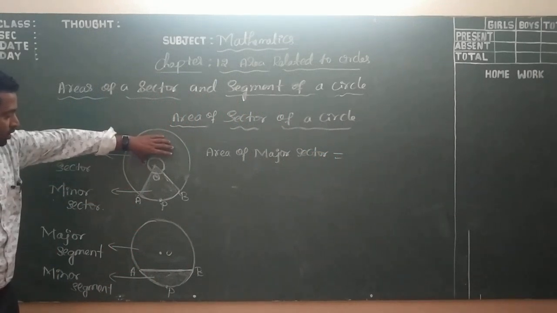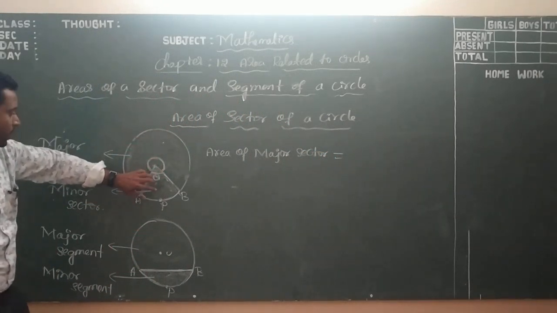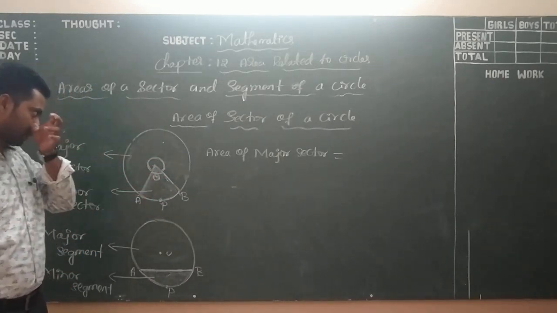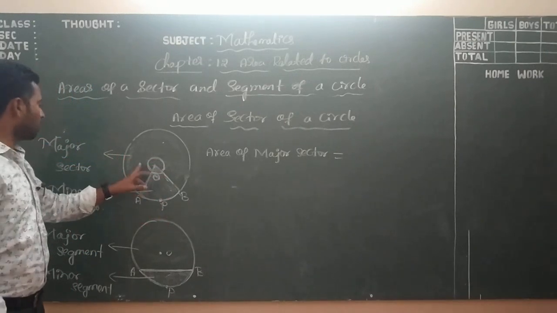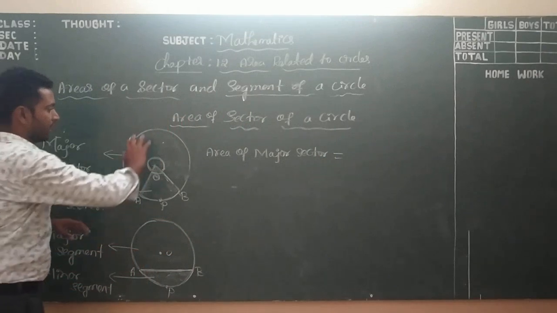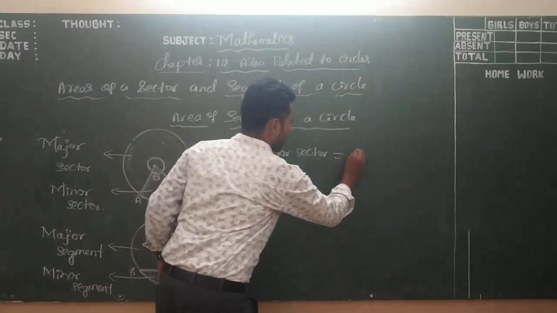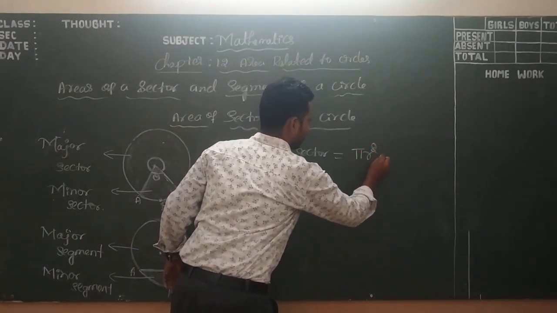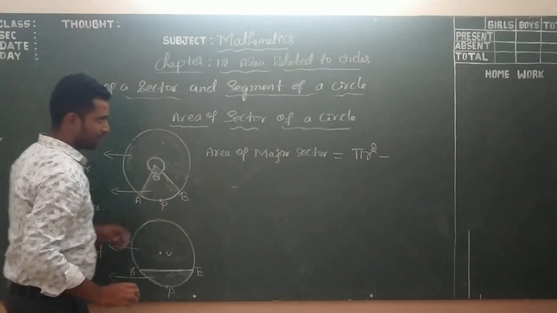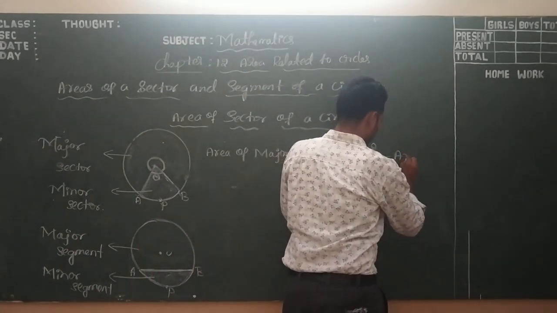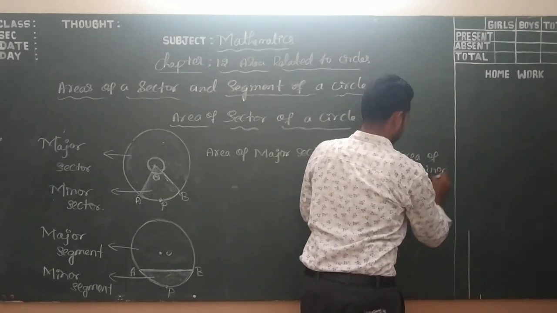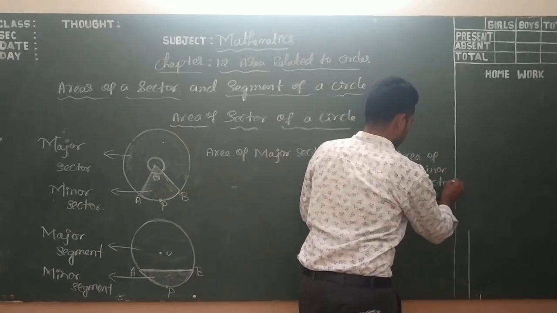Earlier we found the area of the minor sector. Now by use of formula, the area of the major sector is the area of the entire circle minus the area of the minor sector. Okay.